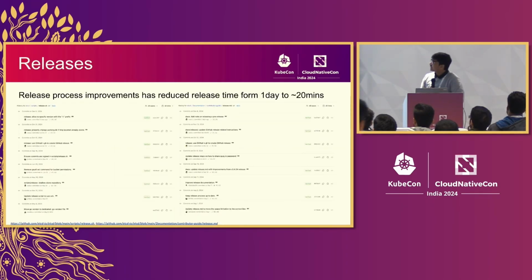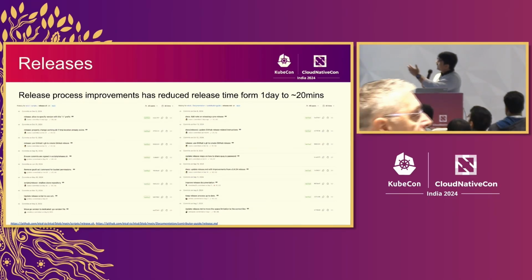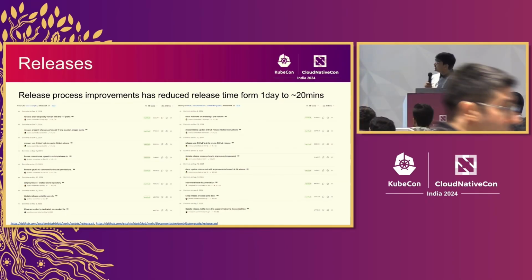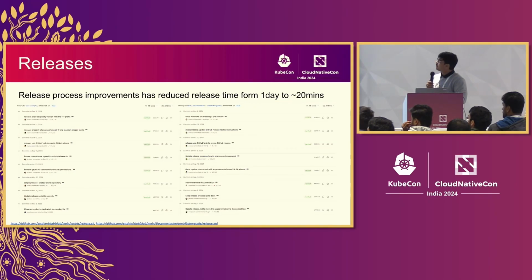Like any other project, we have to deal with regular periodic releases of etcd. To ensure these releases are production grade, the release process used to take almost a day. But over the years, we have been improving our release process and the release documentation as well. Due to that, the release timeline has gone down from 24 hours to just 20 minutes.